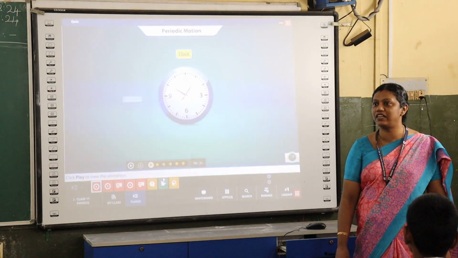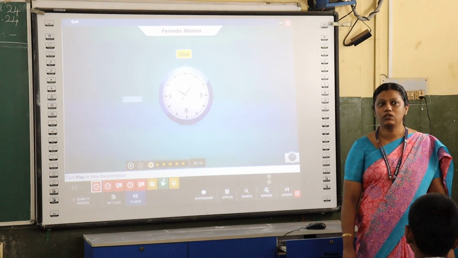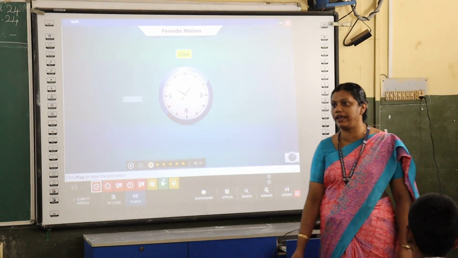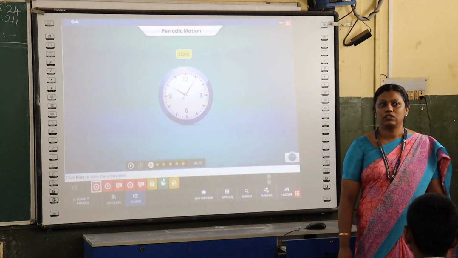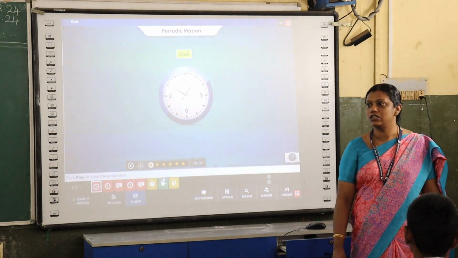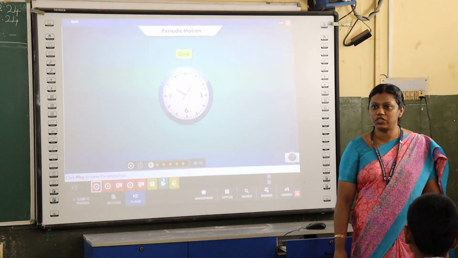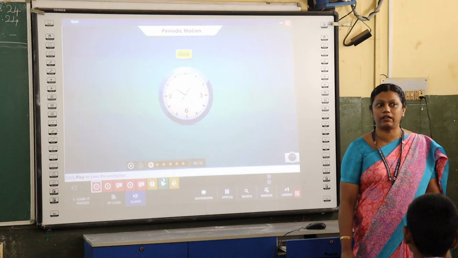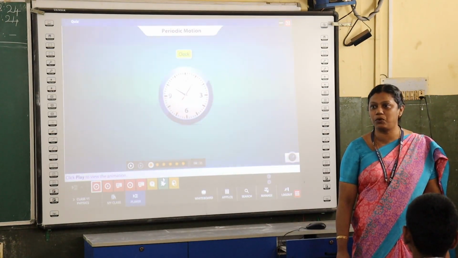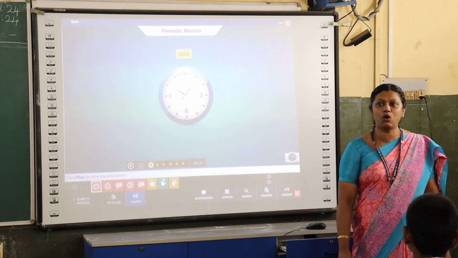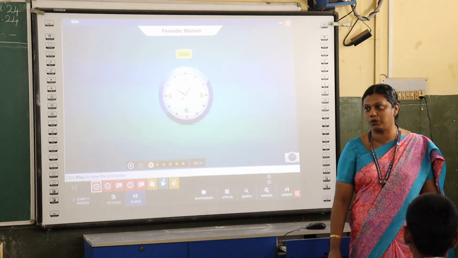Can you find any difference? If we consider the swing, the object moves repeatedly along the same path, but it moves back and forth, or to and fro.